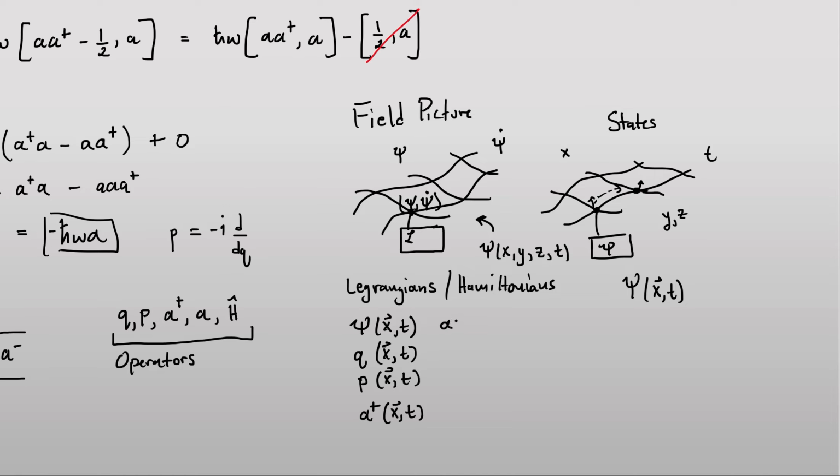Same thing here. This is a function of space and time, and our Hamiltonians are obviously a function of space and time as well. This is a Hamiltonian operator, it's a function of space and time. And this is what makes quantum field theory a field theory: for every location in space, we have different operators.